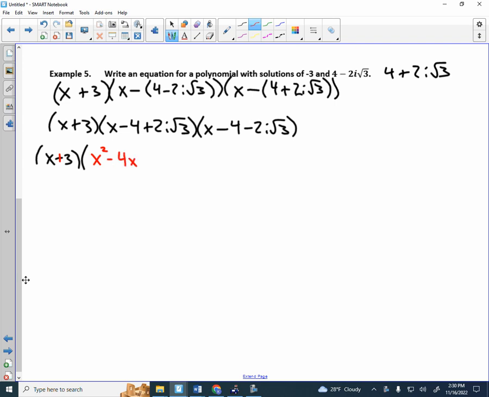Then x times negative 2i roots of 3 is negative 2xi roots of 3. Which looks really gross, right? But what we've learned is that it will disappear. Everything that has an i will cancel out. We move on to negative 4. Negative 4 times x. And negative 4 times negative 4. And negative 4 times negative 2i roots of 3.